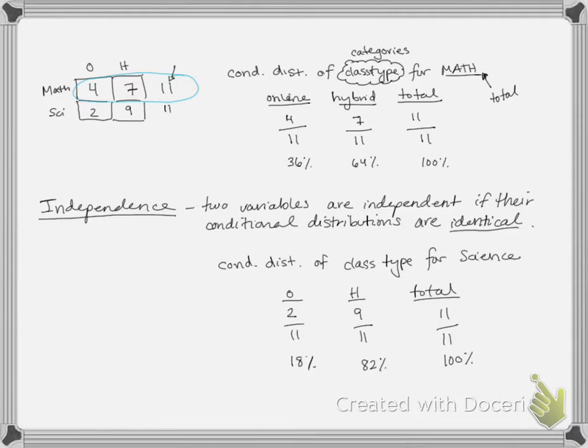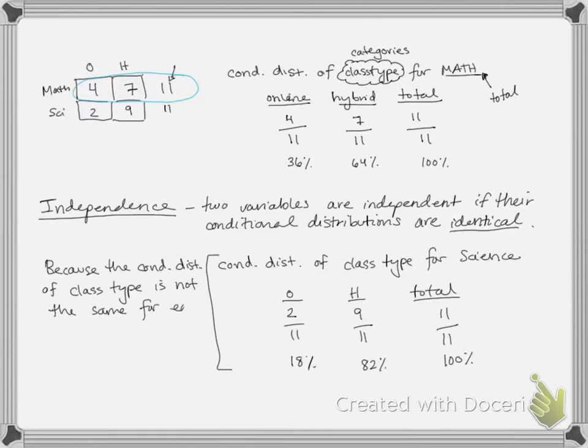So what we would say is, because the conditional distribution of class type is not the same for each department, the variables are, and then we would just say not independent, right?